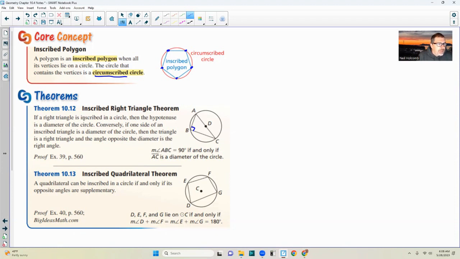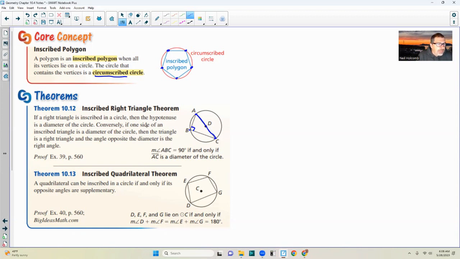So if a right triangle is inscribed in a circle, notice it's inscribed, okay? All three vertices are on the circle. Then the hypotenuse is a diameter. And notice this AC is going through the center. So the hypotenuse is a diameter.